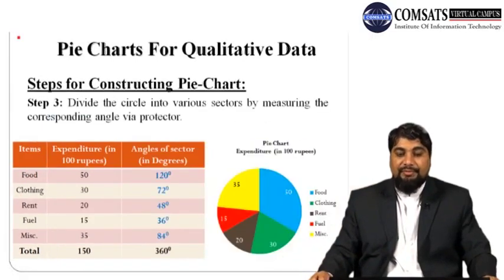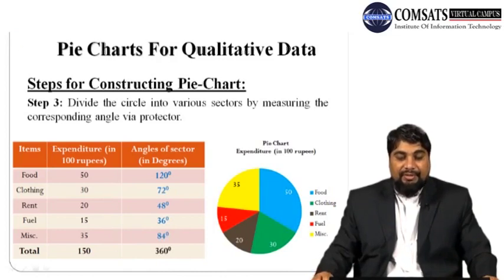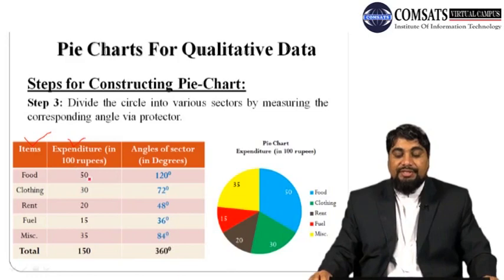So now step 3, divide the circle into various sectors by measuring the corresponding angle via protractor. So look at the data. We have column 1 containing items, food, clothing, rent, fuel, miscellaneous. In next column we have expenditure in 100 rupees, 50, 30 and so on.